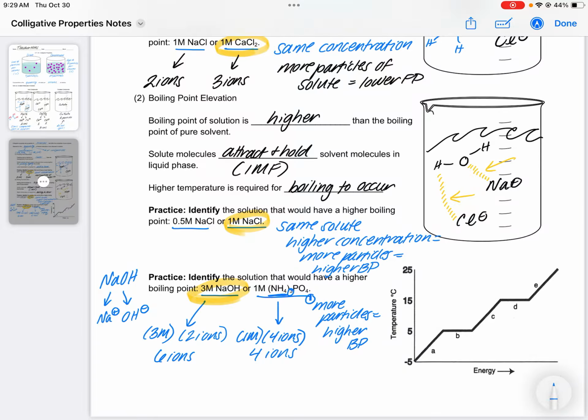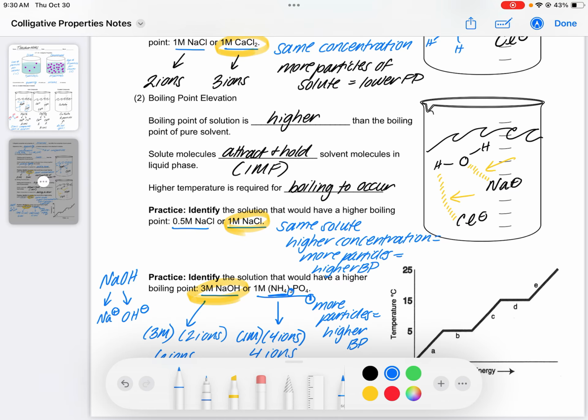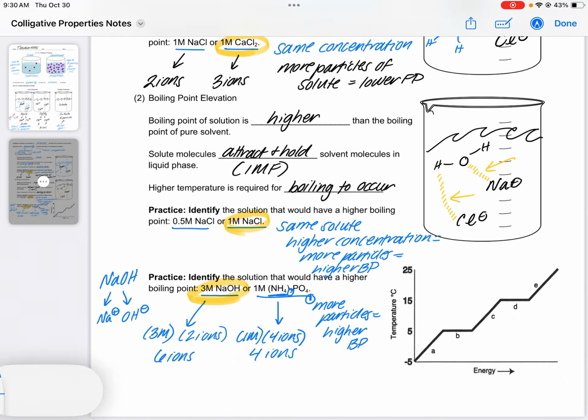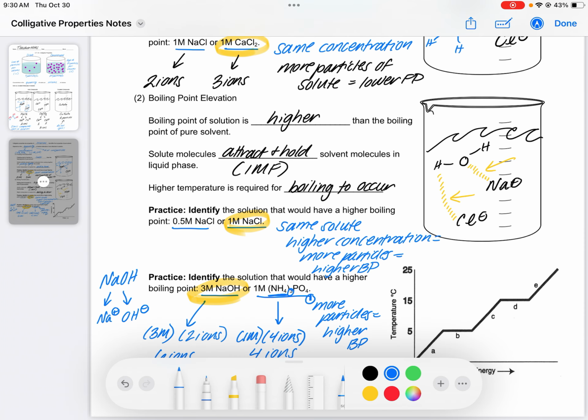When putting this all together, we can take our understanding of colligative properties and apply it to our heating curve. This is a normal heating curve here where we have a solid, a liquid, and a gas phase, and then the transitions between them. What's happening when we add a solute to our solution, we end up extending the liquid phase.